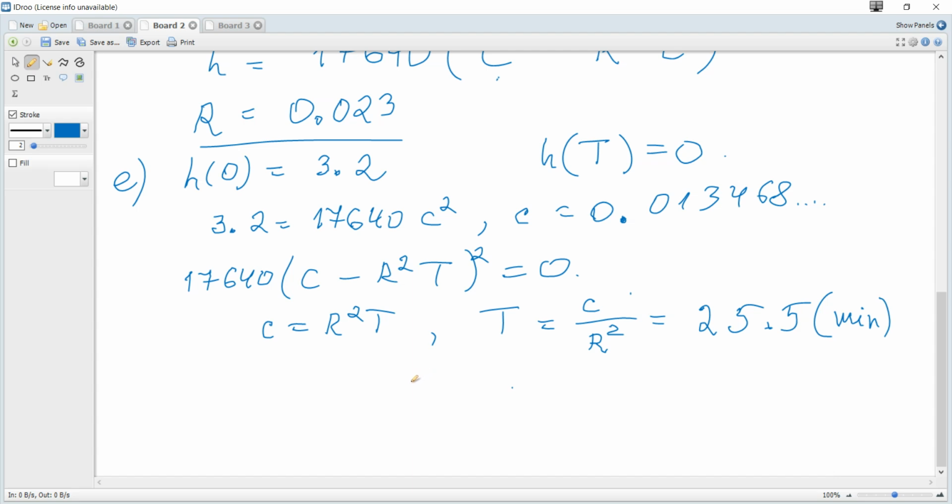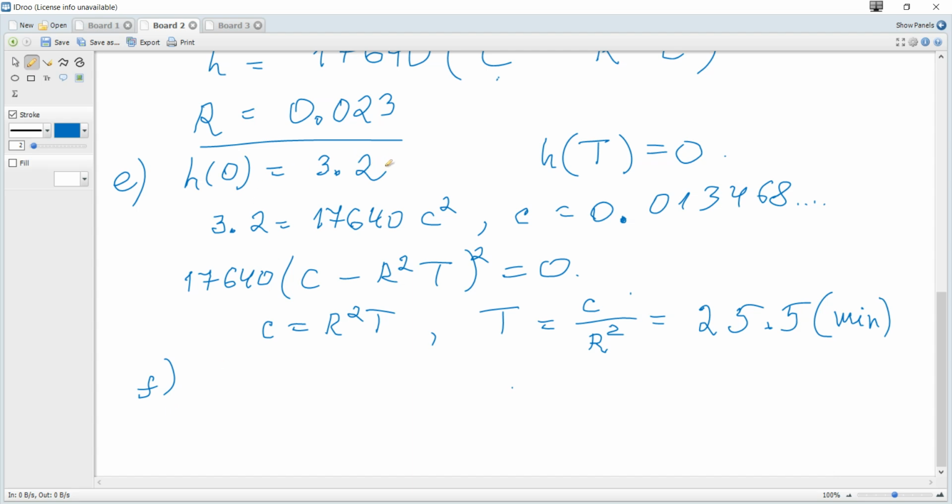The next, Eve wants to use the container as a timer. She adjusts the initial height of water in the container so that all the water will drain out of the container in 15 minutes. And question F, find this new height. 3 marks.